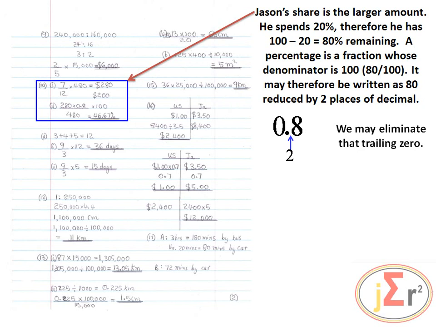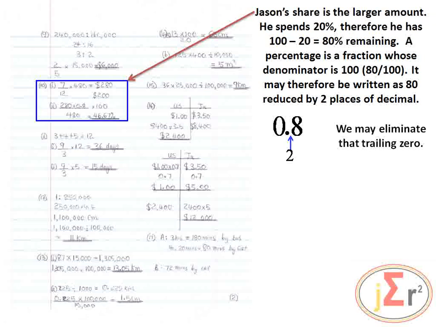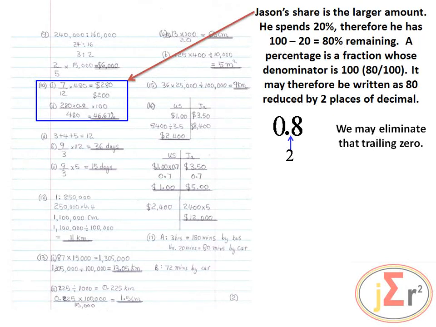So whatever Jason has now, it is 0.8 times his share.